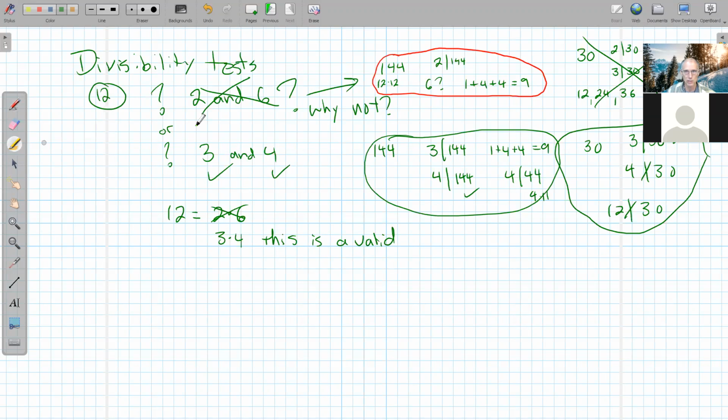The reason kind of came up when I was fiddling around right here. What is the test for 6? How do we test for divisibility by 6?